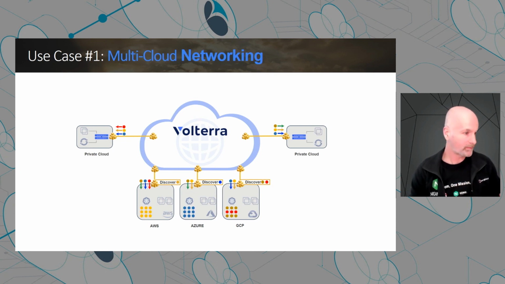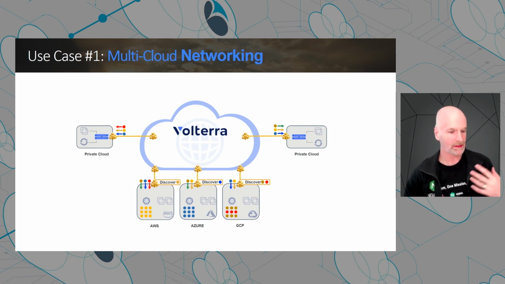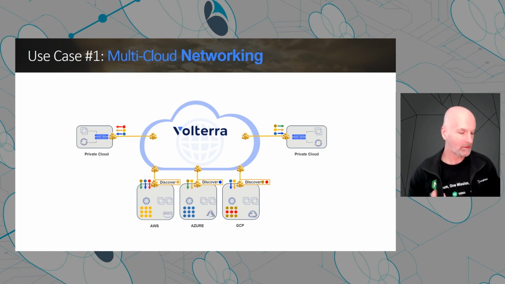And it massively simplifies things. We see customers who've got literally hundreds of VNets and VPCs, and interconnecting them all is a really difficult thing to do. And of course, in AWS, you have constructs like Transit Gateway, and you don't in Azure. So how can you make the routing policy consistent across all the environments? That's one of the things that Volterra allows you to do.